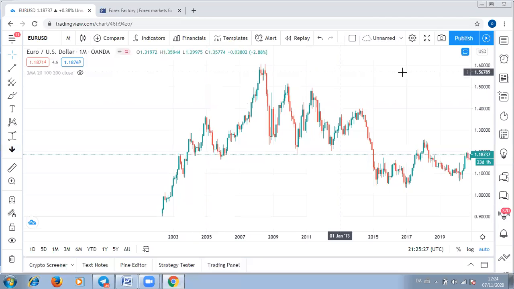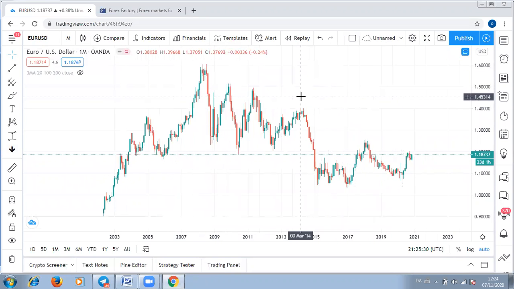So how do we pick a support and resistance line? I like to draw my support and resistance line from a higher time frame. Why? If you draw your support and resistance from a higher time frame, you would be able to know where the sellers or the buyers are.